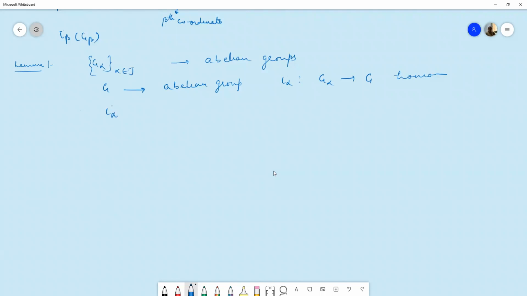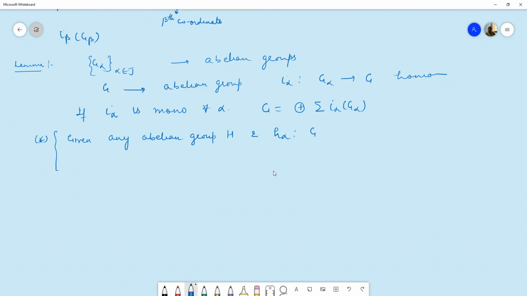If each I alpha is a monomorphism and G is the direct sum of the groups I alpha, G alpha, which means G is the external direct sum of the G alphas, then G satisfies this extension condition given by star: given any abelian group H and any family of homomorphisms H alpha from G alpha to H, there exists a homomorphism H from G to H such that H circle I alpha is H alpha for each alpha.